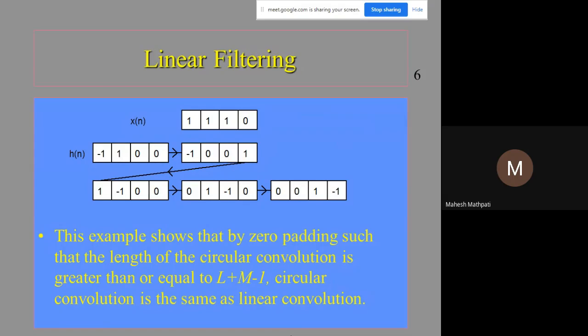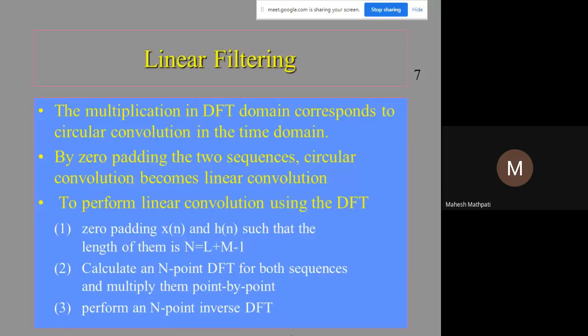Any difficulty, any confusion here? No sir. Now let's write this point, I'm just summarizing. The multiplication in the DFT domain corresponds to circular convolution in the time domain.